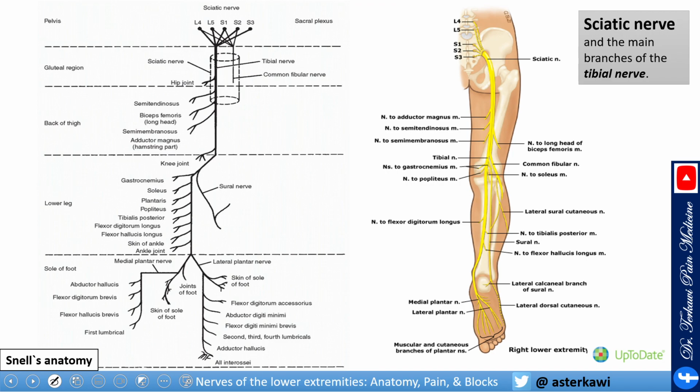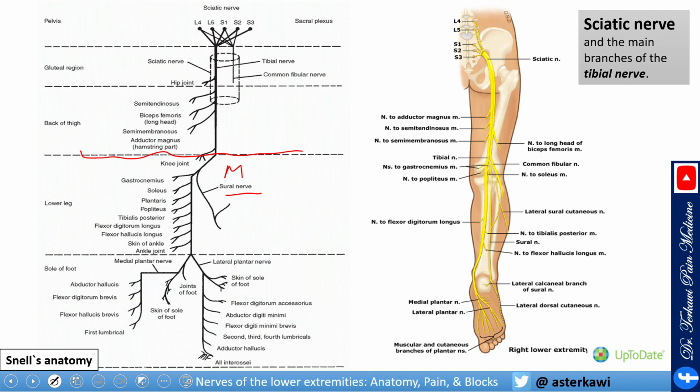So if you look here, from the knee level it starts to bifurcate, and here we're not zooming in on the common peroneal, we're zooming in on the tibial. As you see, it gives you the medial branch of the sural nerve that eventually will join the communicating nerve, which comes from the lateral branch.